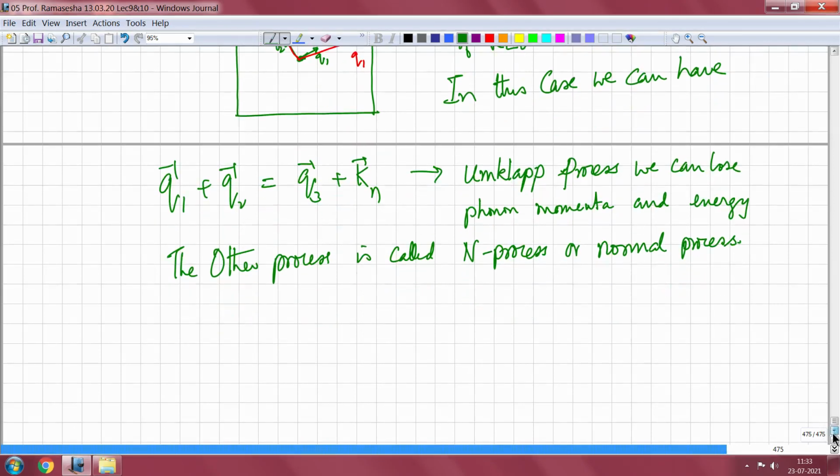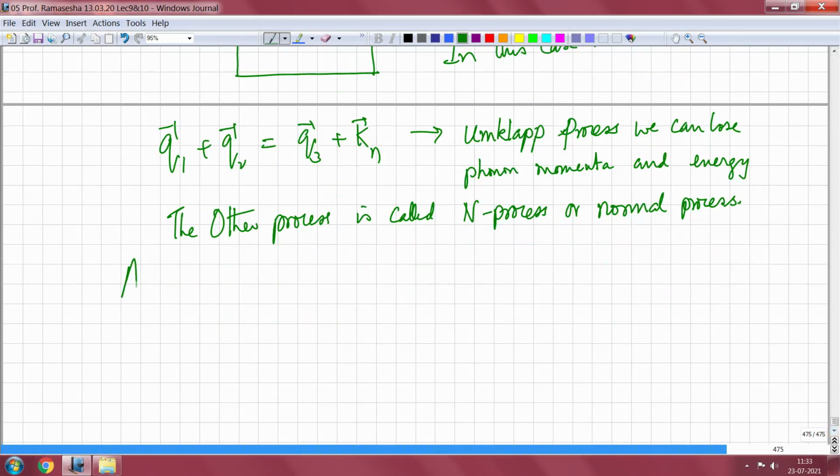If you are looking at the acoustic modes, because they are the ones energetically easy to participate at any temperature because they have low energies, at low temperatures only small wave vector, small q phonons are created.